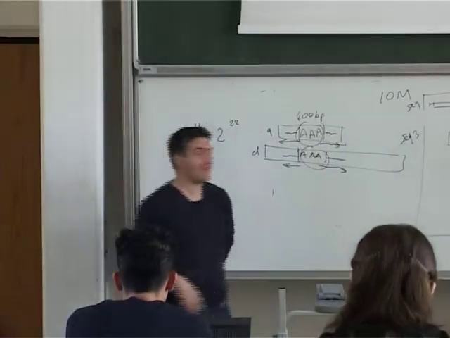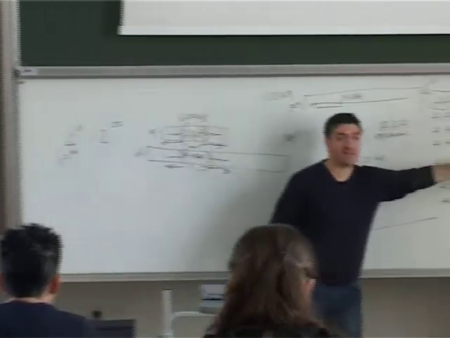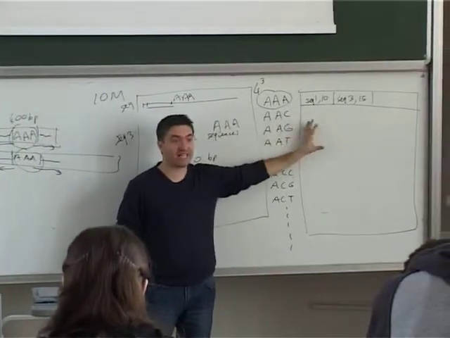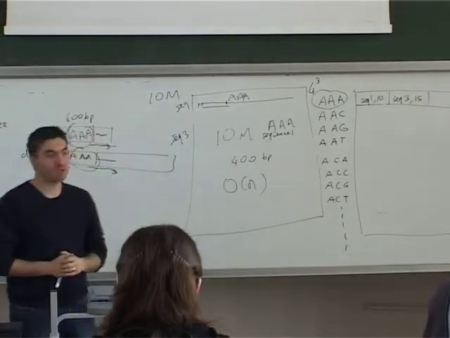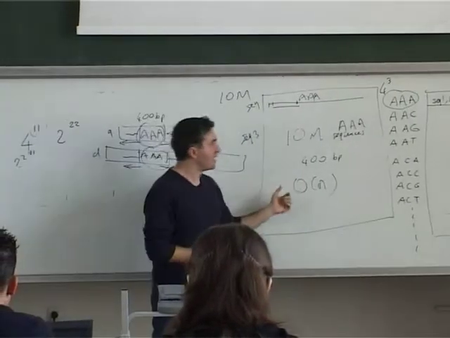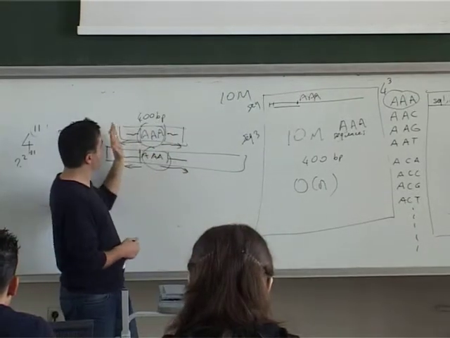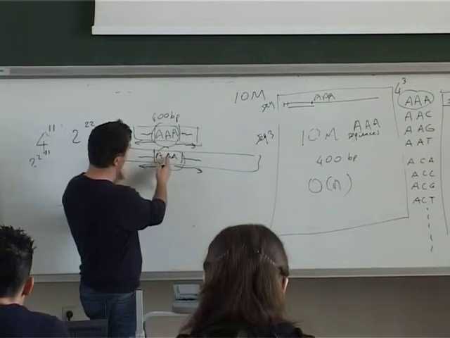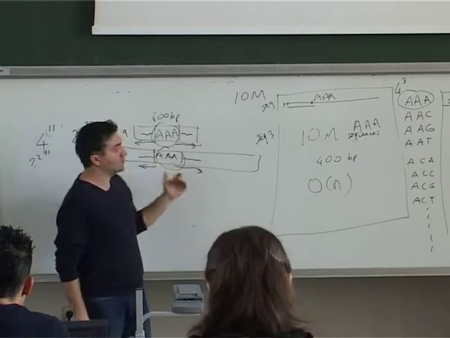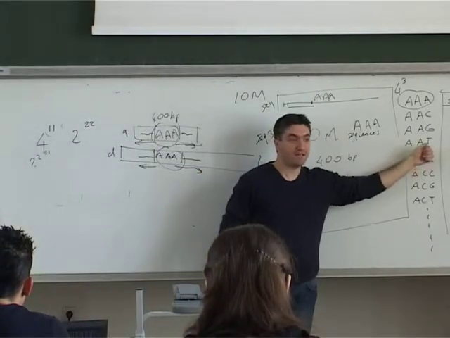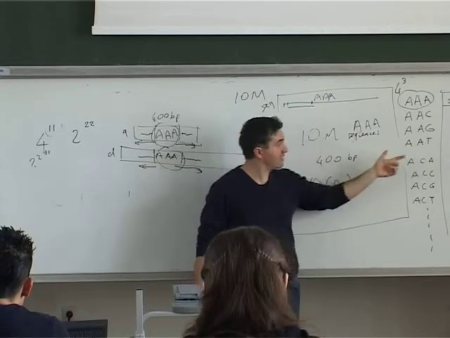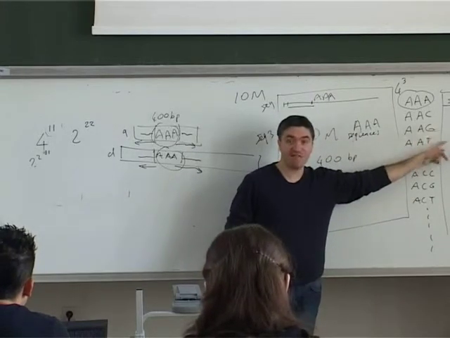Okay? So we have a certain indexed database, which contains the exact occurrences of 11 base pair words in the database. And in our query, by sliding the same 11 base pair window over the sequence, we can very quickly find which database sequences contain these exact 11-mer words.